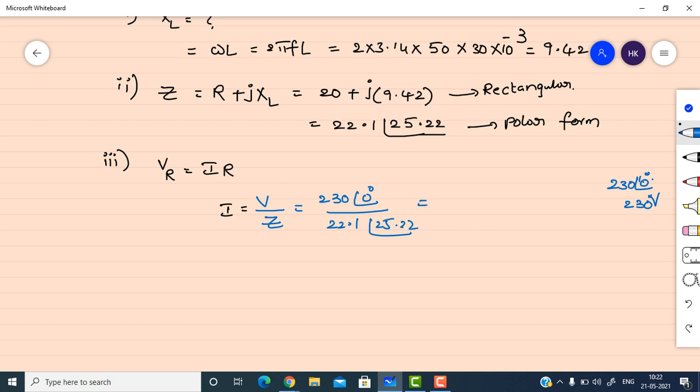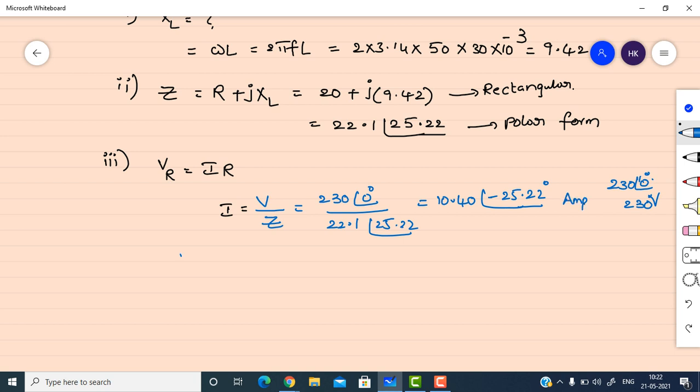First find 230 by 22.1: 10.40 at an angle 0 minus 25.22 degrees. This is the current.